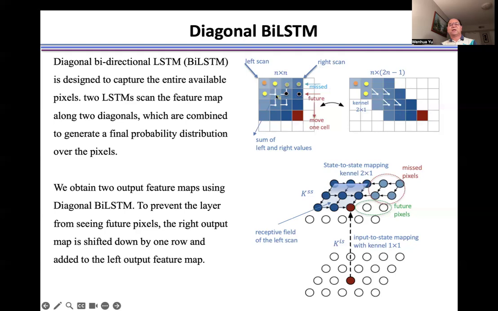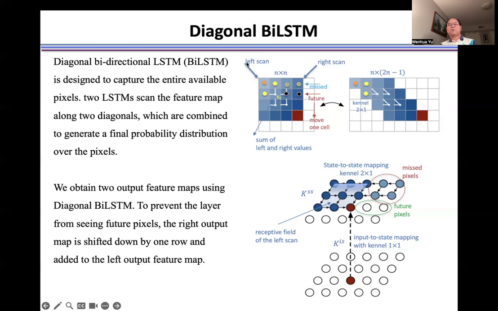To easily calculate the contribution from these 2 pixels to the probability of this xi, we shift this row 1 cell in the right direction. So we can use the kernel 2 by 1 to update the probability of xi here.